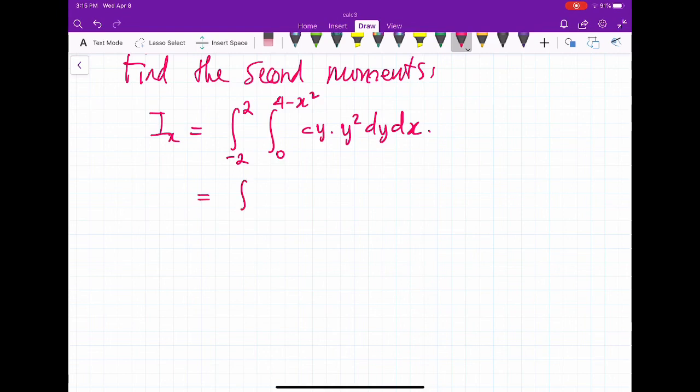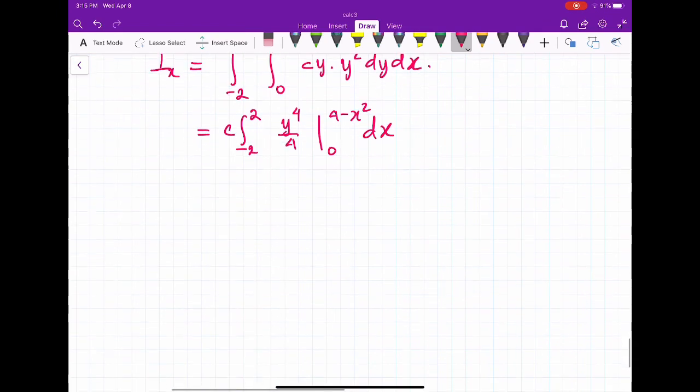That is equal to the integral from -2 to 2. Here we have c y cubed, so I have y to the 4 over 4, evaluated from 0 to 4 minus x squared, and here's dx. At 0, the function here is 0, so I only have c over 4 right here.